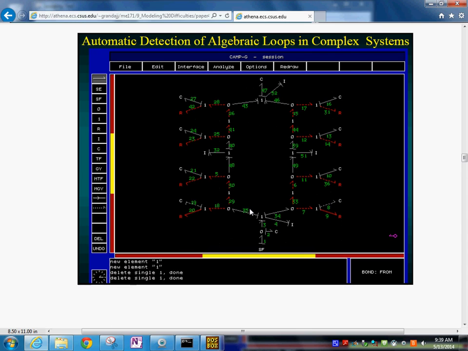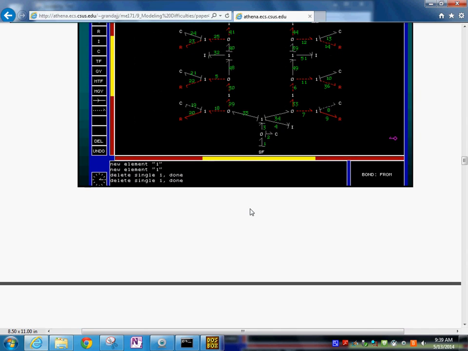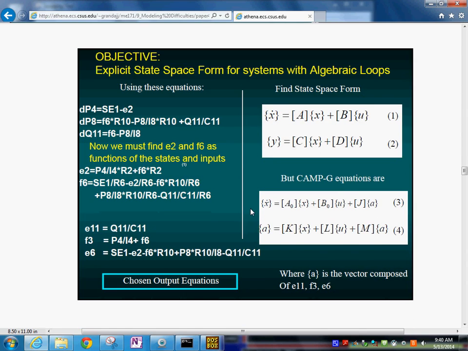This would be very tedious to do. So one solution here is that you have the derivatives and the auxiliary equations in here, and then of course these are the output equations.